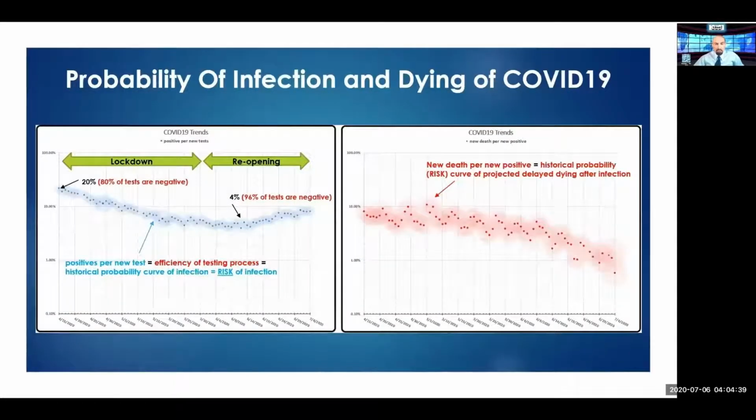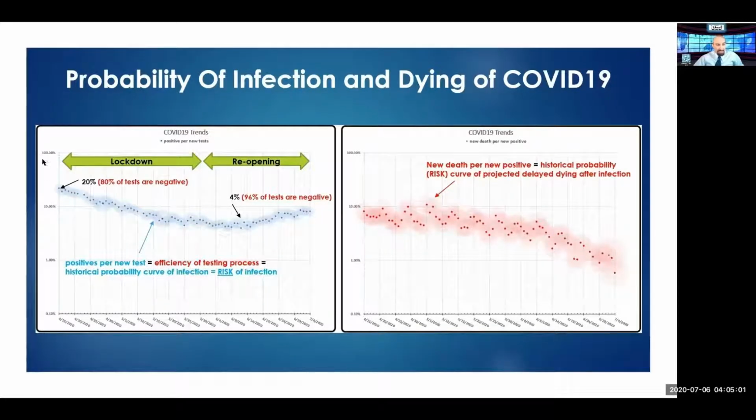Let's look at the two curves that we mentioned earlier. These are busy slides, but we can go through them slowly and carefully. So, if you look at the lockdown and the reopening, and look at the curve that represents the positives per new test.